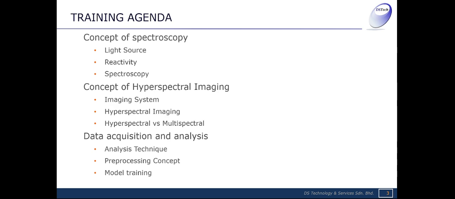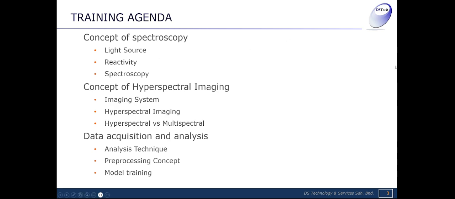Then we talk about hyperspectral imaging, the imaging system, how it relates to hyperspectral imaging, and how it works. Then we'll talk about data acquisition and analysis, which is more on the treatment of the data after we capture a hyperspectral image. Okay, so I'll go through all of it.